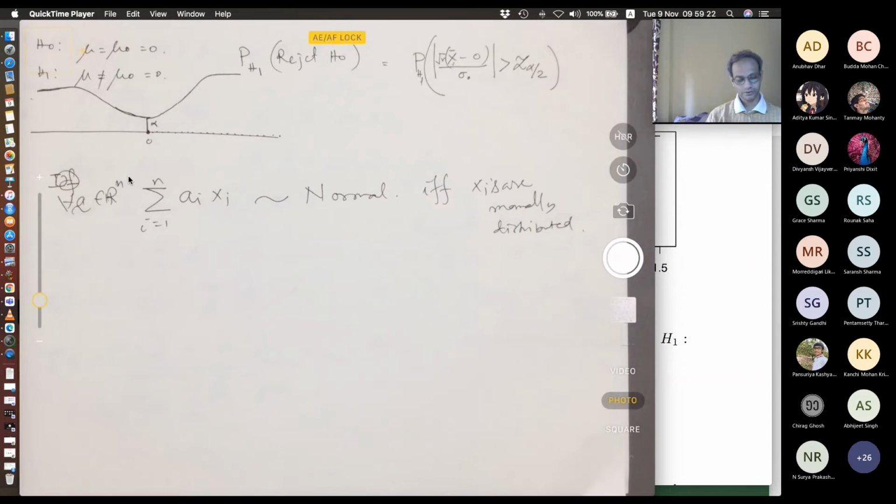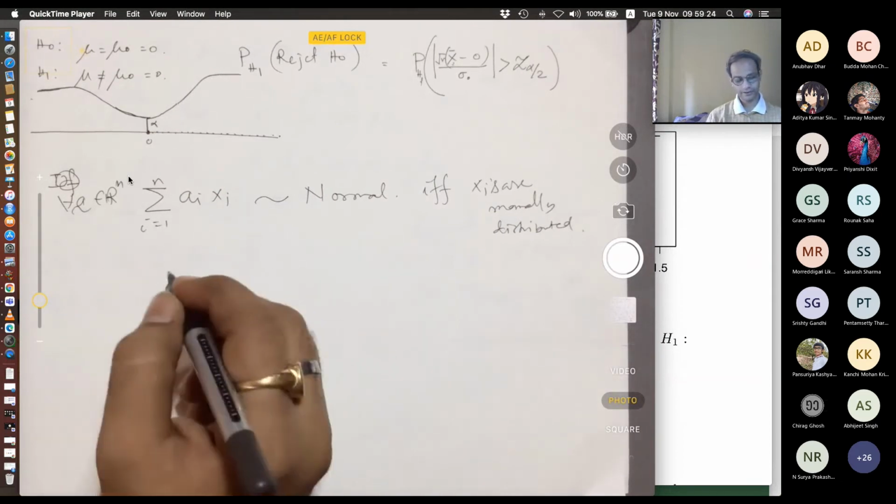And not only that, say for example, you know bivariate normal, right?